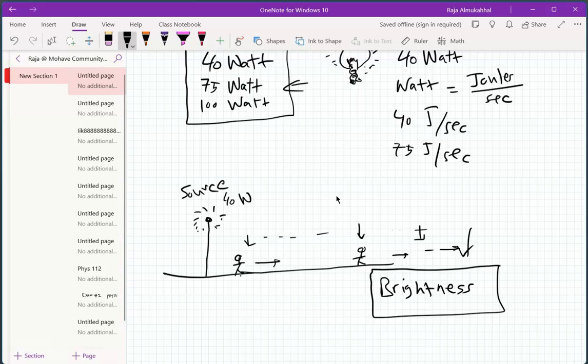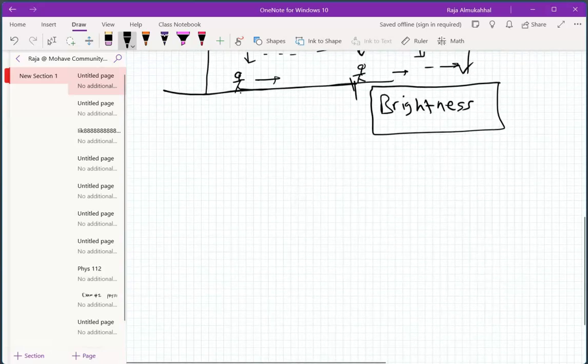There is a relationship between them. In other words, give me the power of the source and the distance, how far you are from the source, and I can tell you how bright it is at that distance. You got that? And this formula is basically given this way.